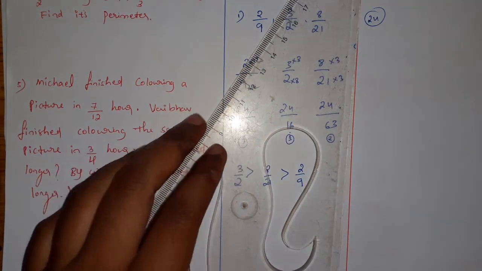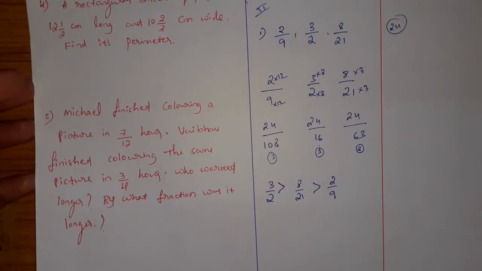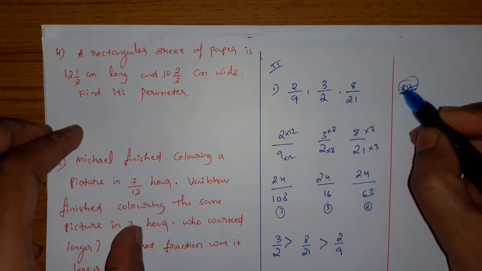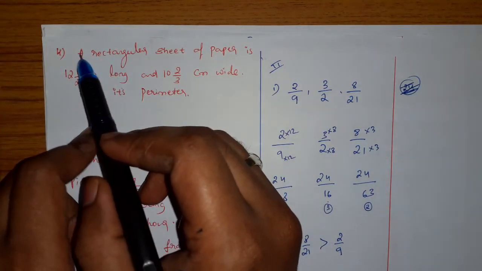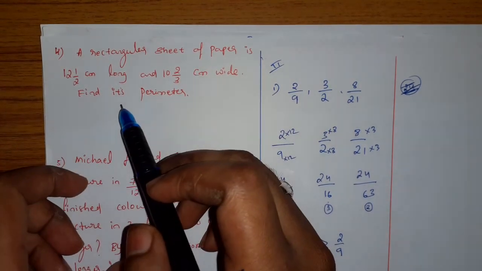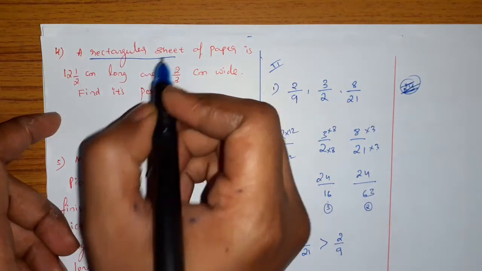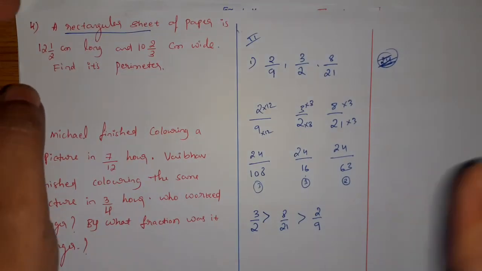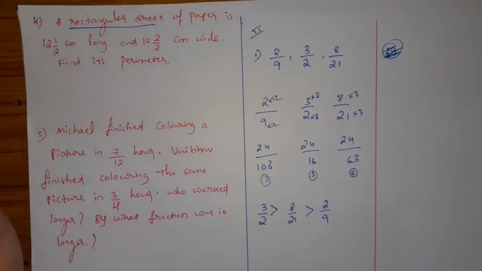Okay, look here. Can you see the question here? A rectangular sheet of paper is 12 1 by 2 centimeters long. What do you mean by rectangle? Length and breadth exist. In a square all sides are equal.